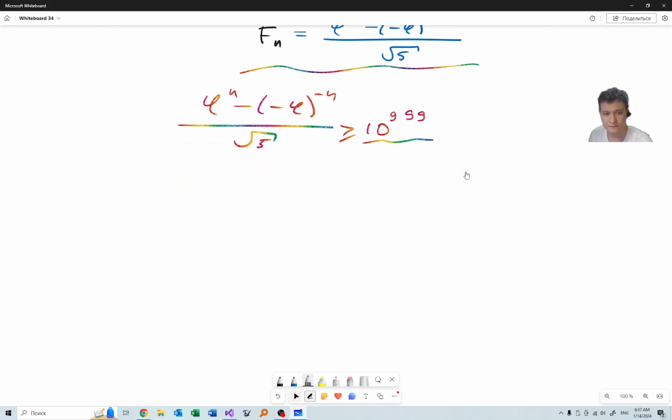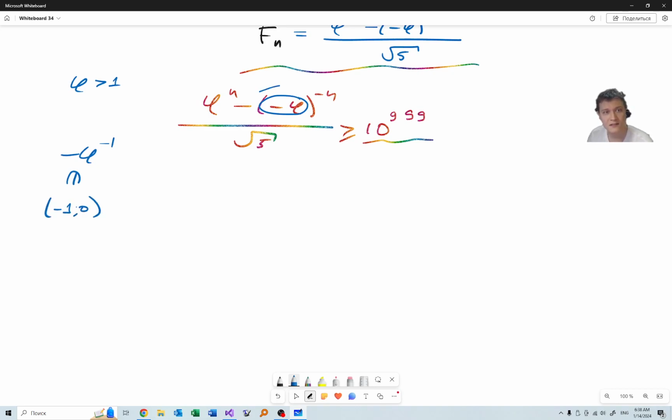But notice that this number phi is greater than 1. This means that this number is less than 1. It's actually less than 1 by absolute value, but it is negative. So if you take minus phi inverse, it is from minus 1 to 0.